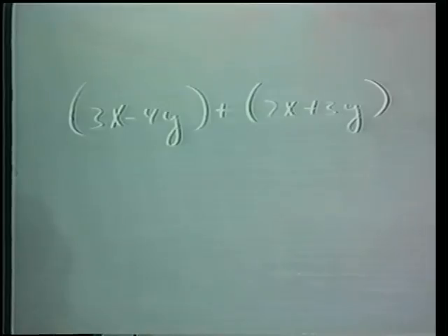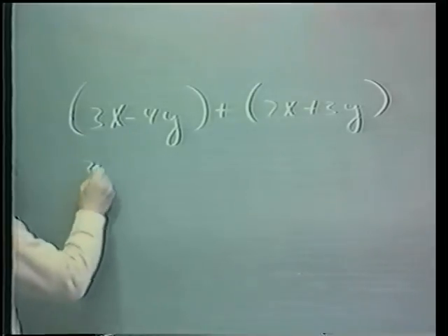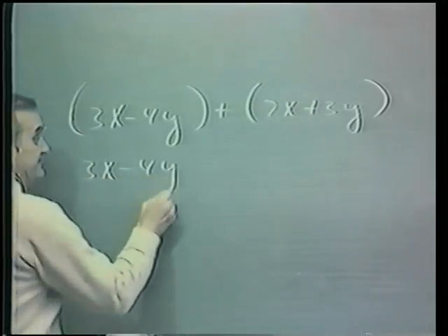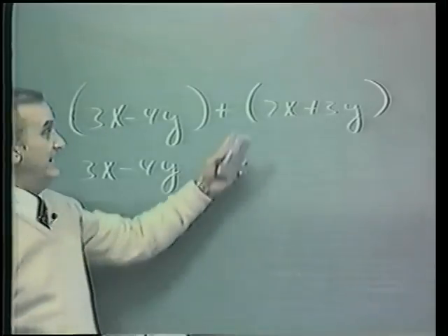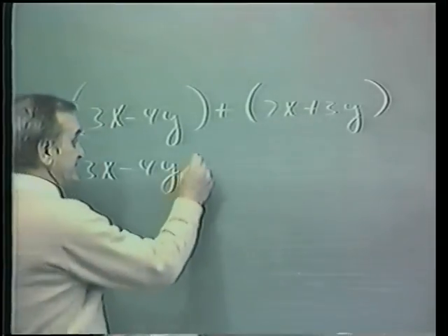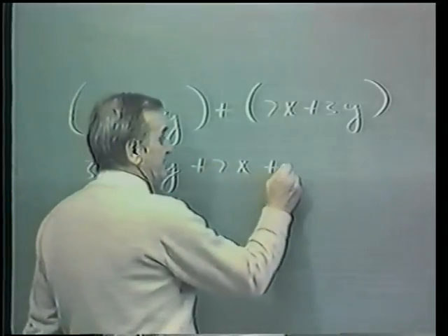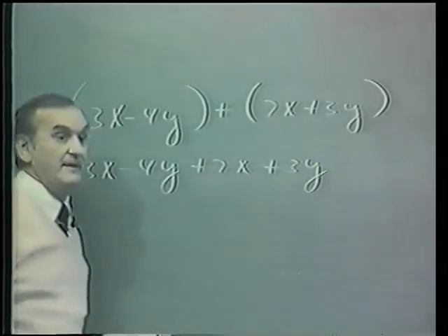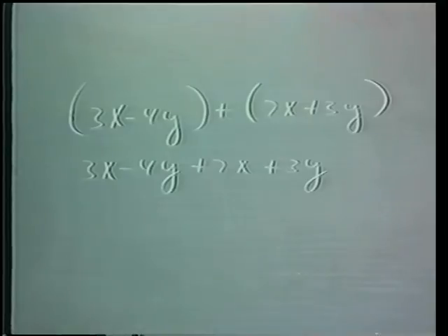Stays the same. So when we multiply this by 1, we get the same thing without the parenthesis. Likewise here, we're going to multiply this by positive 1. Again, I get the same thing without the parenthesis. Remember, multiplying something by positive 1 doesn't change anything.